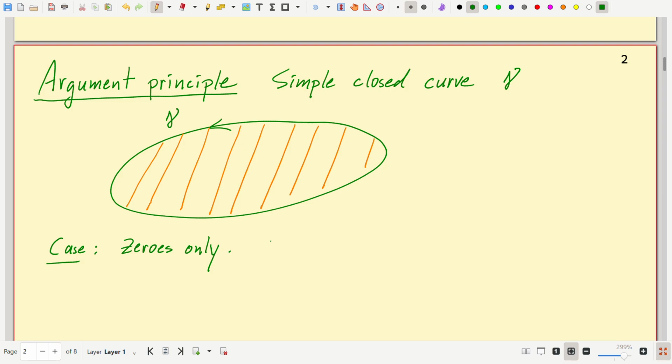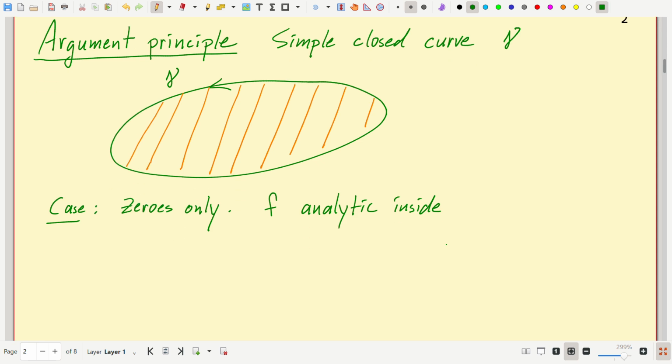Okay, so in this case we assume f is analytic inside and on gamma. Remember, that just means there's a bigger open set where f is analytic inside and on gamma, and has no zeros on gamma.